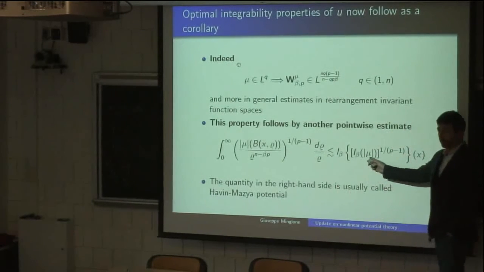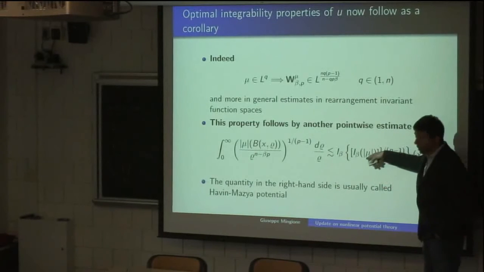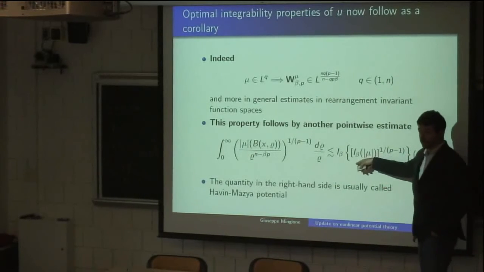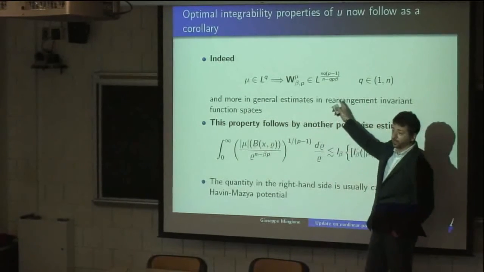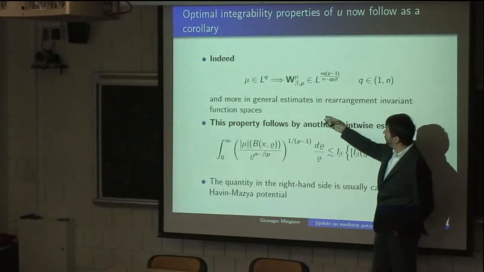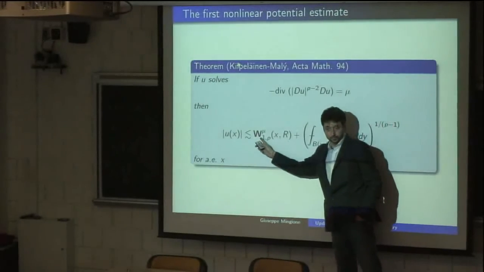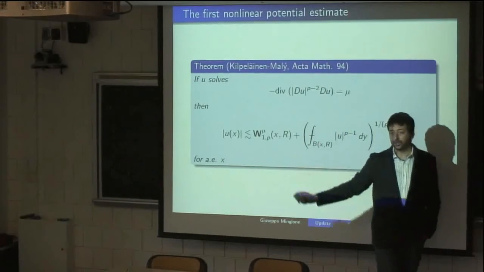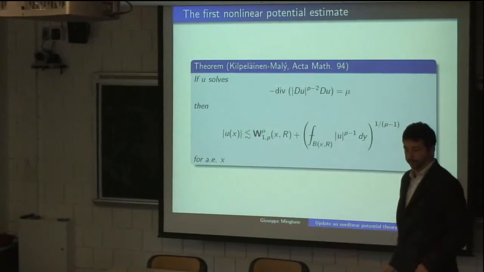In fact, the name of Adams and Meyers potential stems from this paper. Therefore, you know the behavior of Riesz potentials, and you know the behavior of Wolff potentials. Therefore, if you want to know where the solution is, you go by the Wolff potential by this estimate. So you just forget about the equation. It's just as in the linear case. You just look at the representation formula and that's it.